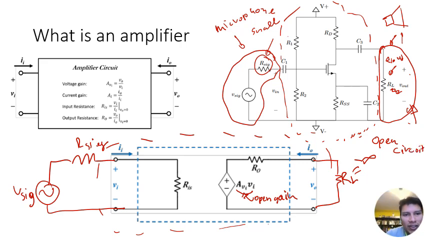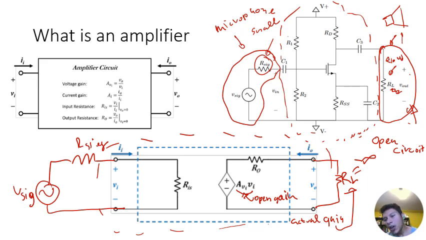And then additionally, you will have the gain of your circuit, so your actual gain, which will contain RL in the equation, or a non-infinite RL.